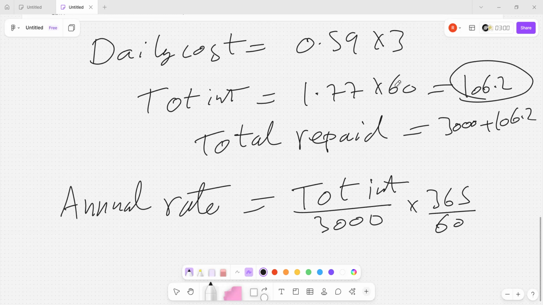Okay, let's calculate it. The interest rate came out as 6.2, but it must be 106.2 over 3,000 times 365 divided by 60. Do it again.